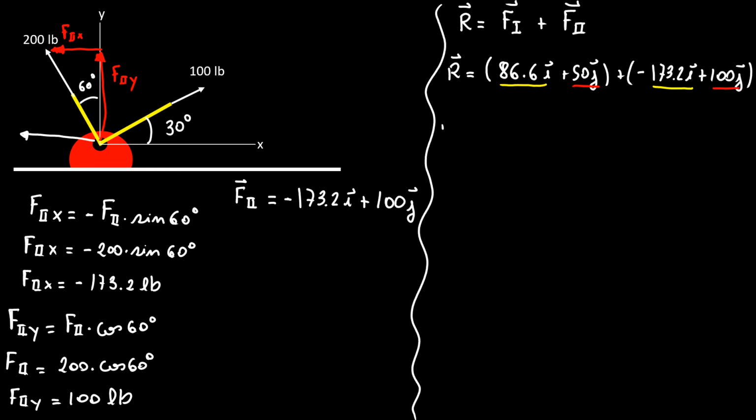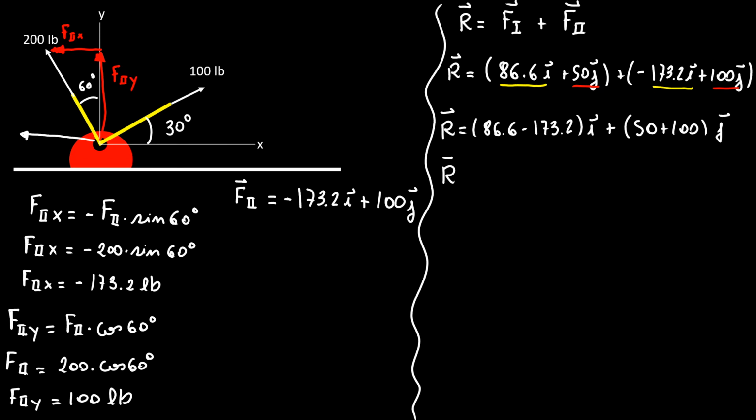So our resultant force is equal to 86.6 minus 173.2 i plus 50 plus 100 j.